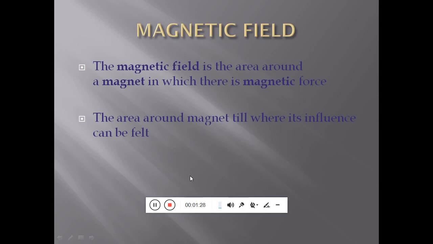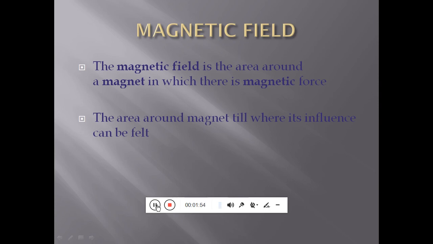That means there is no influence of that magnet on the iron nail because you have crossed the magnetic field. So every magnet has a certain magnetic field around it till where you can feel its influence. That influencing area around a magnet is called magnetic field. So this is what magnetic field means.